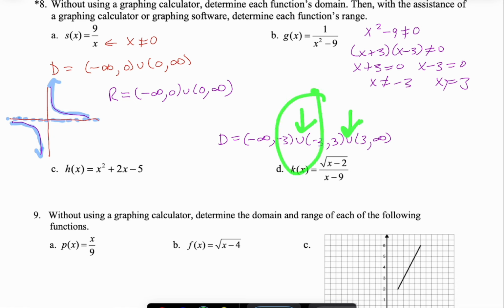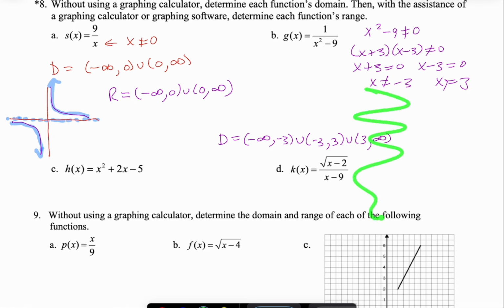So you'll see we have skipped negative 3 there. We have skipped positive 3 there. That means that our graph should be in 3 pieces. There should be a piece to the left of negative 3. There should be a piece between negative 3 and positive 3. There should be a piece from 3 to infinity. Now let's look at Desmos to find the range.